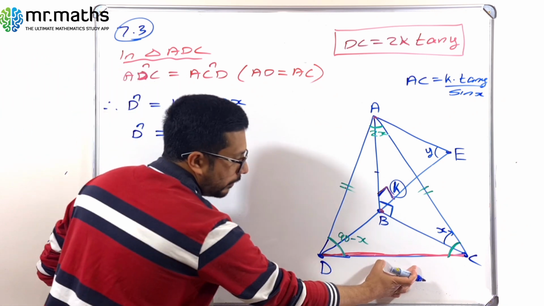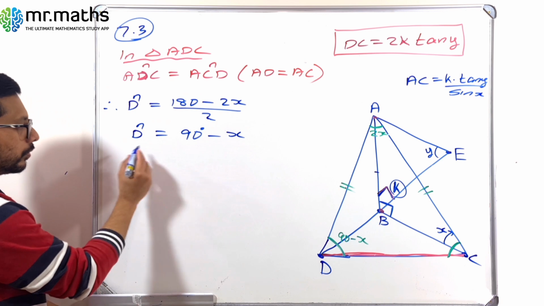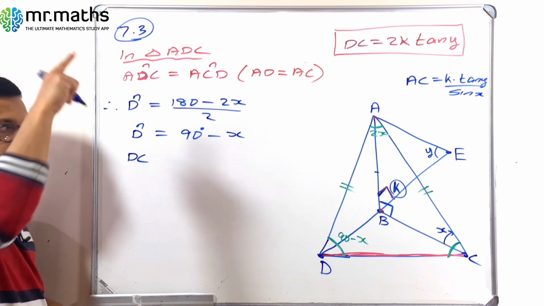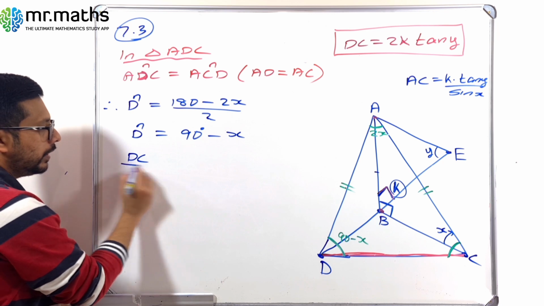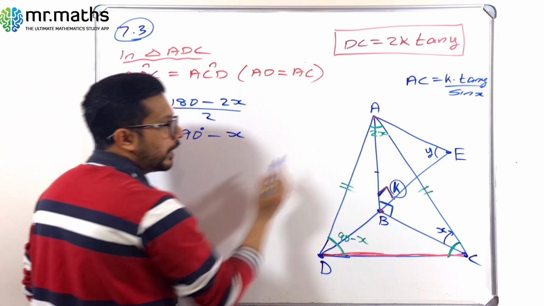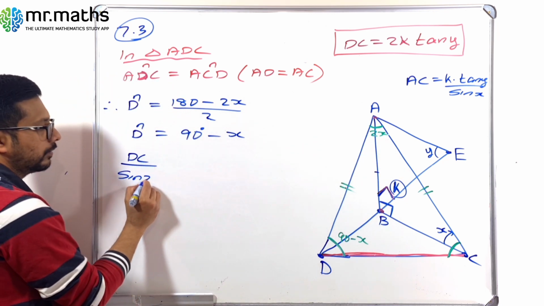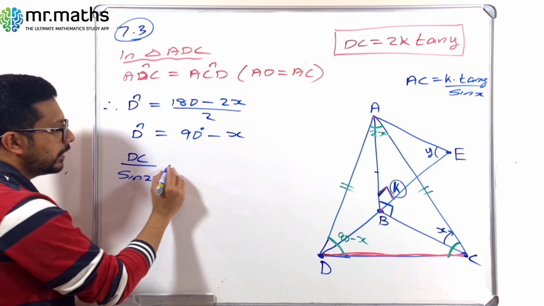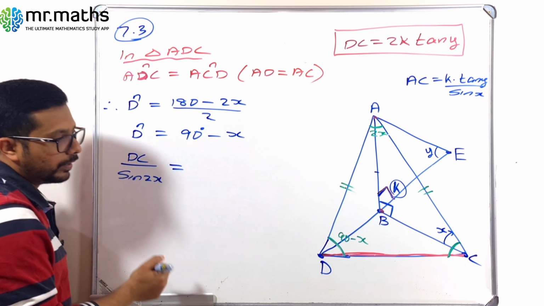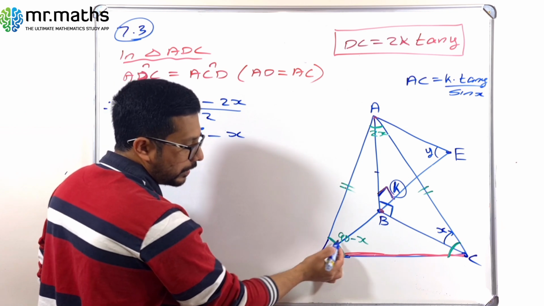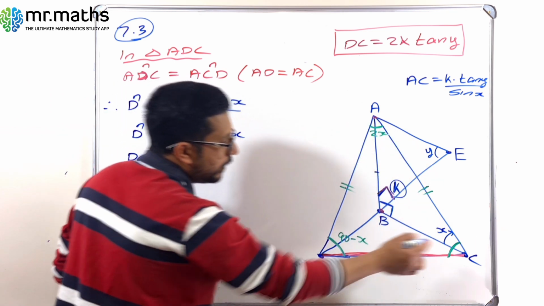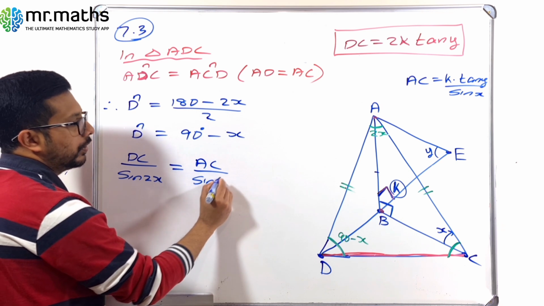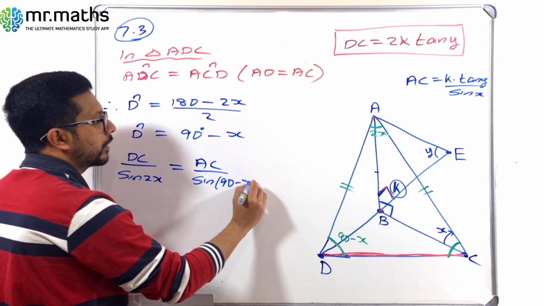Look at this one. We have to find DC in this question. I'm going to apply the sine rule here in triangle ADC. So DC divided by sine 2x, you know the sine rule, equals AC divided by sine of 90 minus x.